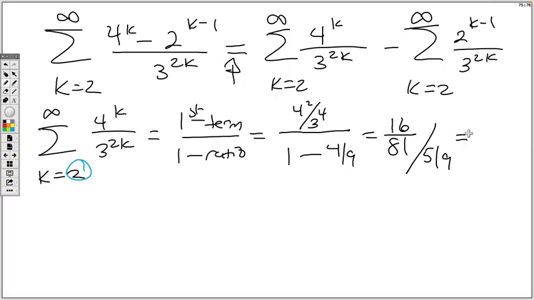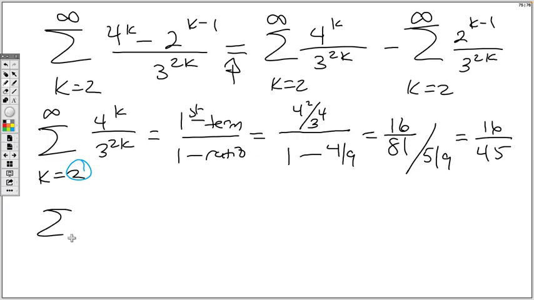So if I invert and multiply, what do I get? The 9 will cancel. 16 over what when this is all done? 45, is that right? We flip things around, does that look good? Does that track?